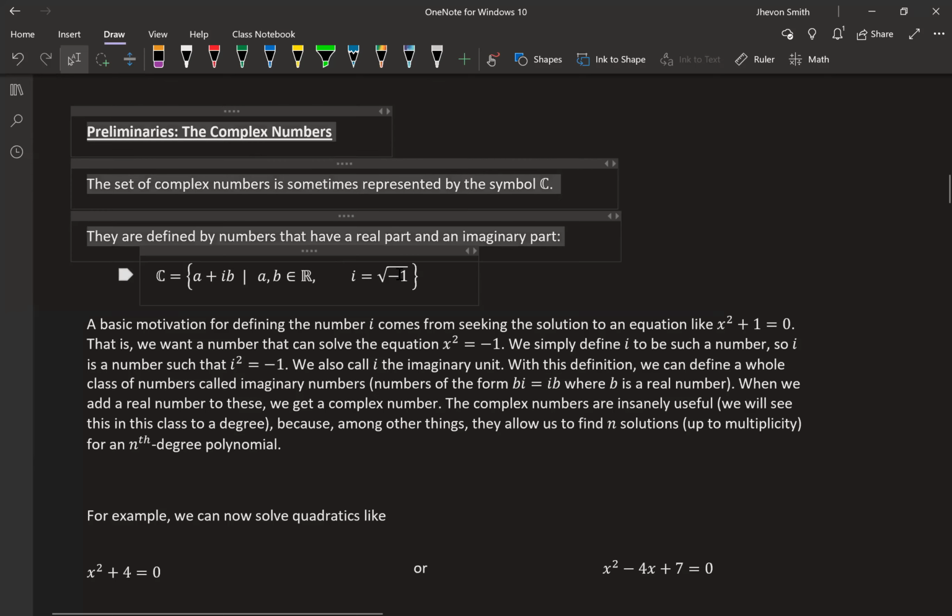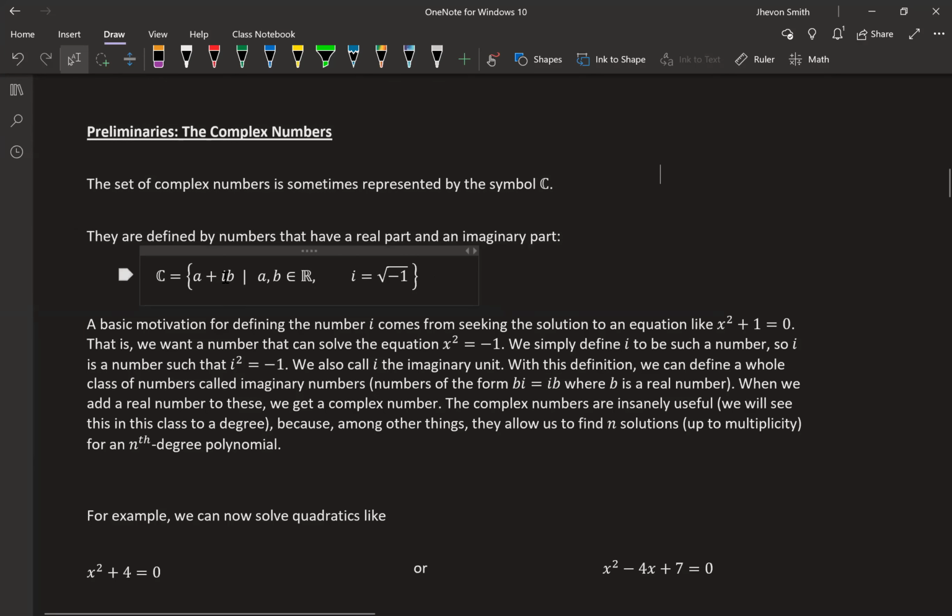The set of complex numbers is a set of numbers that looks like a plus ib, where a and b are real numbers. So for example, 1 plus 2i, or 3i, or radical 2 minus 5i are complex numbers.